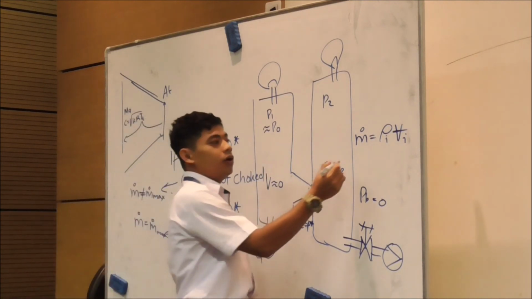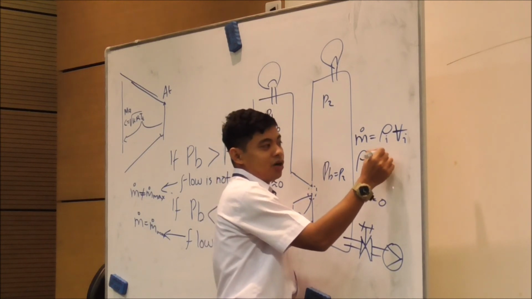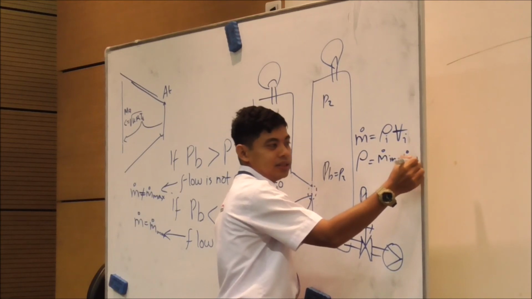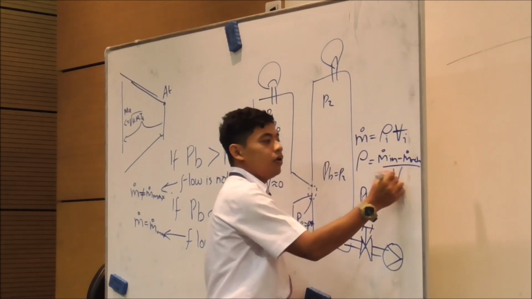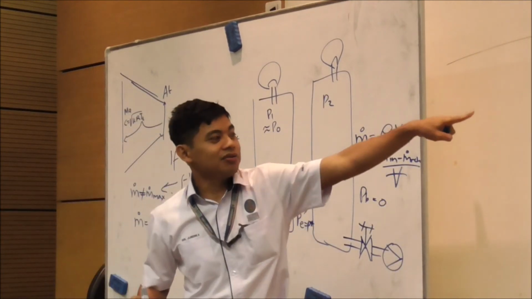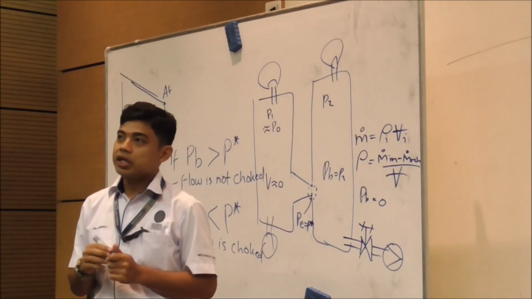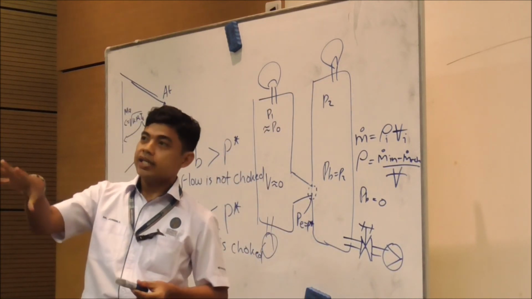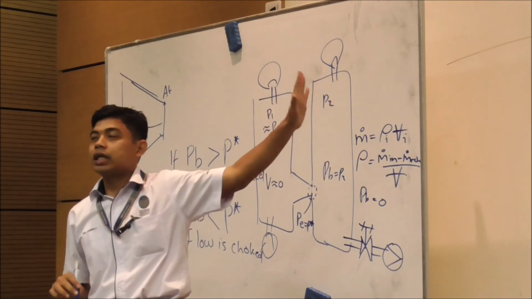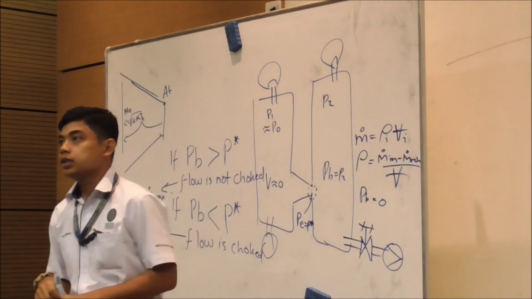So the new rho will be m dot initial minus m dot release, divided by the volume, because volume is constant. Now you plug in there, you calculate the V and so on. Then you do iteration. Then you will know how long it takes until the gas will reach whatever set pressure. So this is the application of compressible flow in the oil and gas industry.